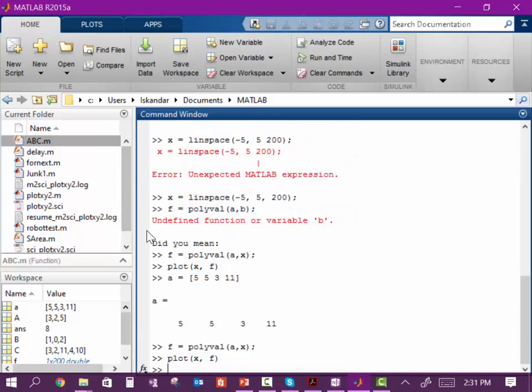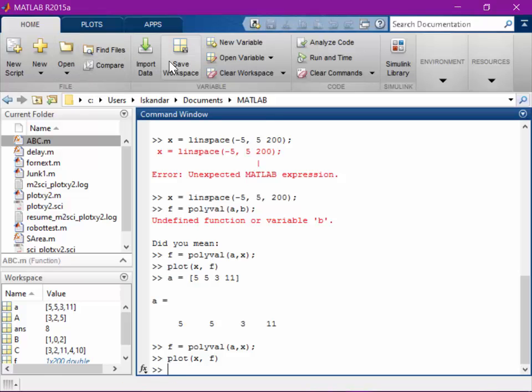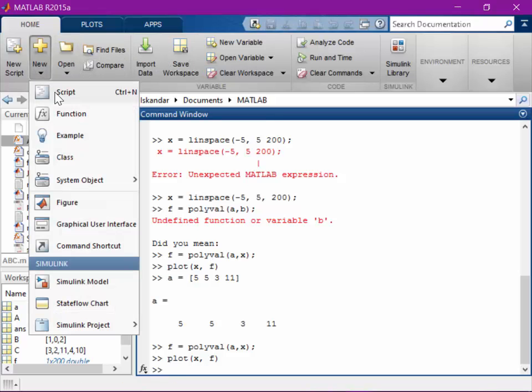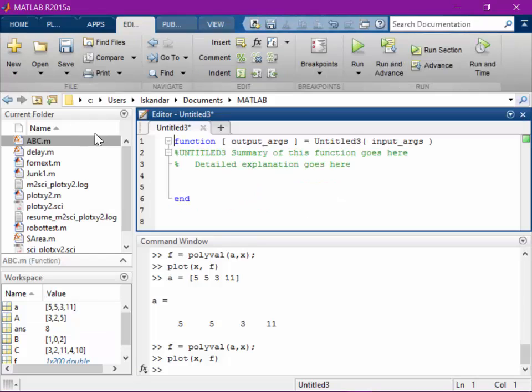Oh, I closed that. Let's start again. New function. Output argument F1 equals F1. We're going to receive X coming into it.